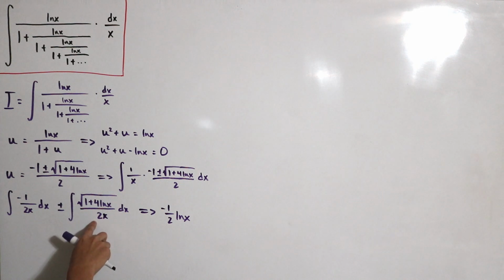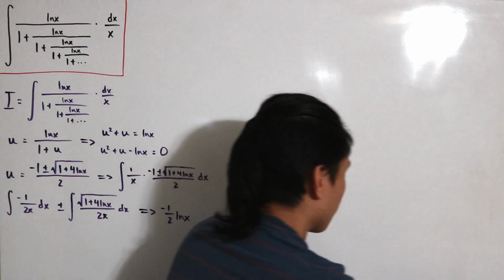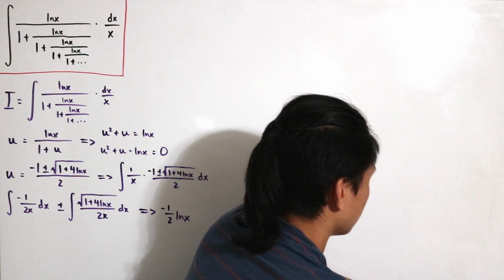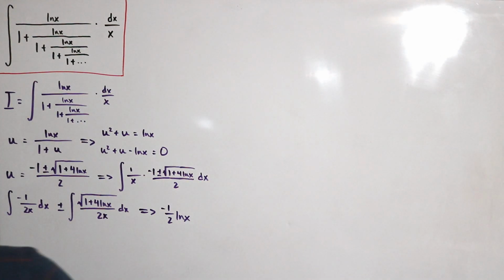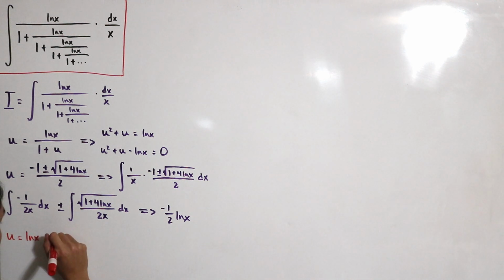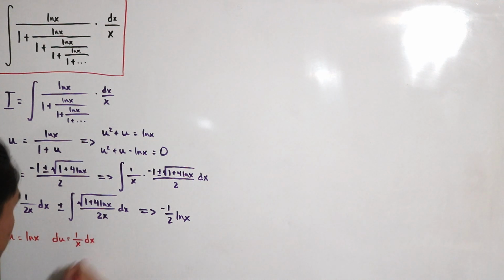Okay, but now this is actually really simple to show if you perform a u-substitution. This time I'll let u, I'm just using the same letters again for notation, it doesn't really make a difference. So if I let u equal ln of x, then du is equal to 1 over x dx.